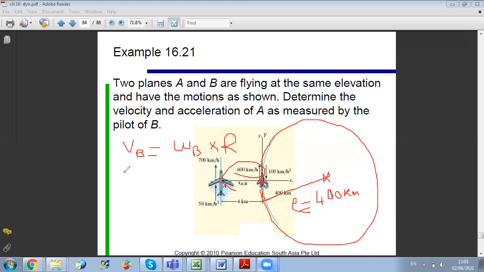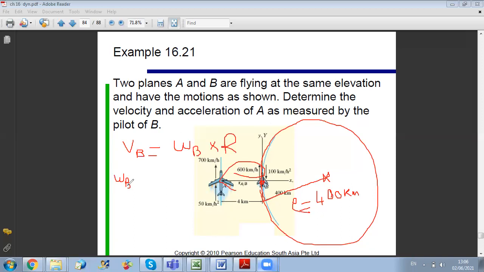So I did use that omega B, just pay attention to units, okay? Here the velocity is given in kilometers per hour and the radius in kilometers. So at the end, your omega will be in radians per hour instead of radians per second.